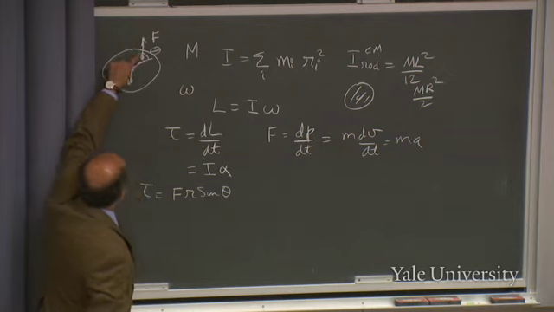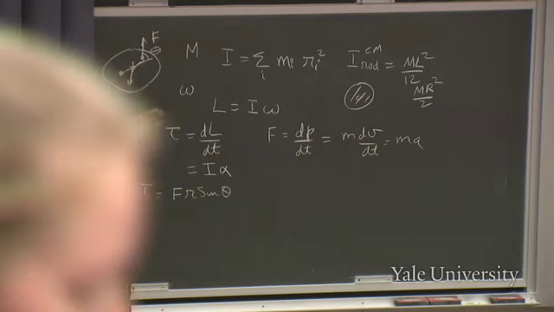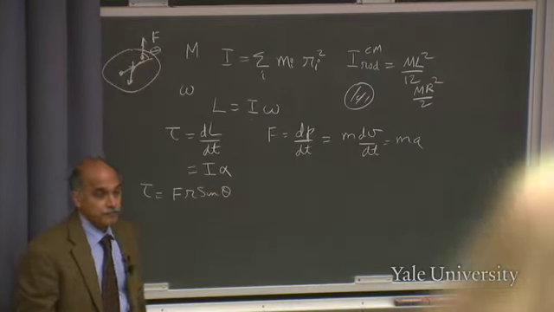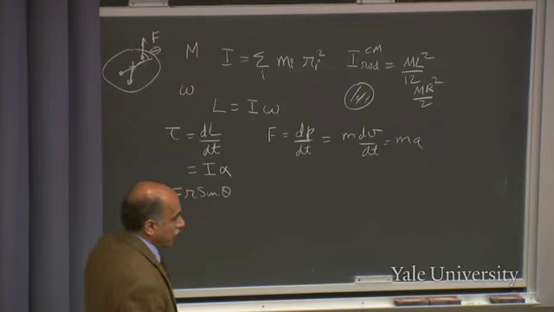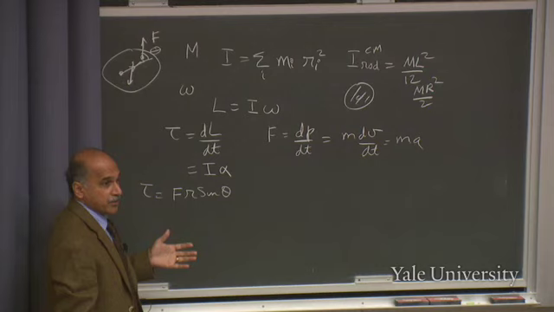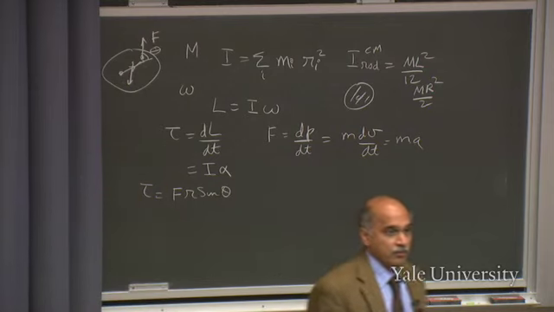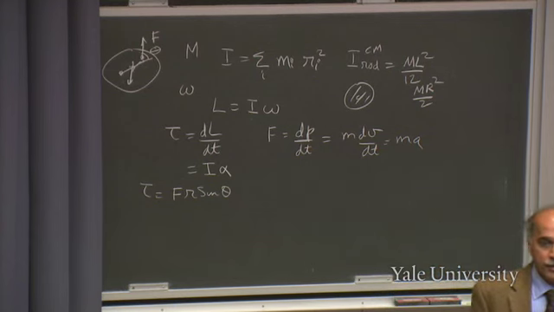This guy is making it go counterclockwise. This is rotating clockwise. Counterclockwise will be taken positive. Clockwise will be taken negative. Similarly, angular acceleration will be positive if it's counterclockwise increasing. So this is a summary of everything we did yesterday on Monday.